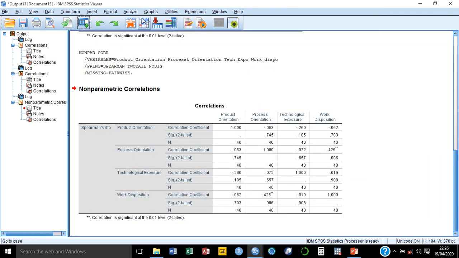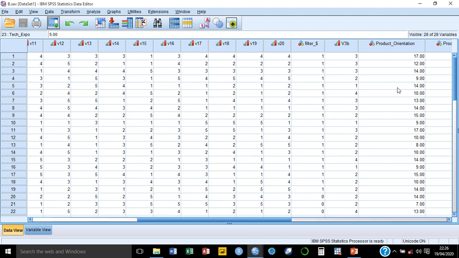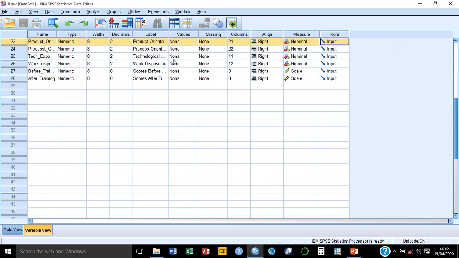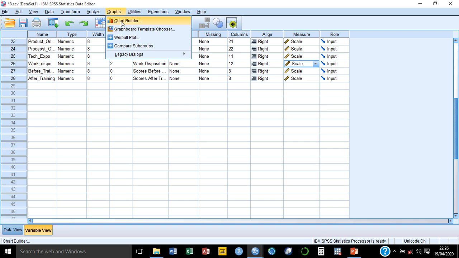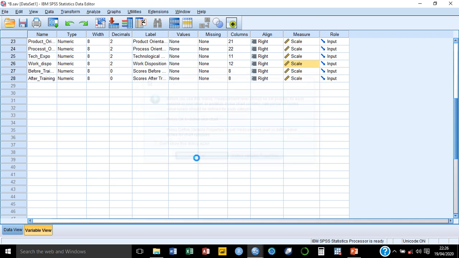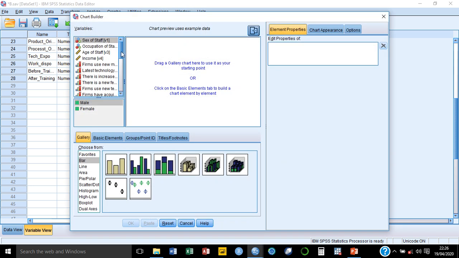Alright, so now I'll go back to my product orientation, change to scale, scale, scale, scale. Alright, so come back to graphs, chart builder. Okay, my product.